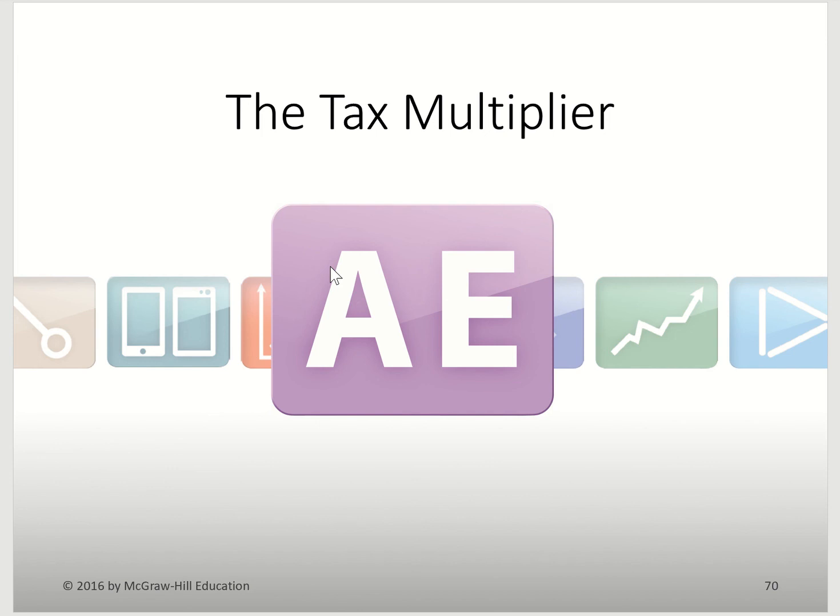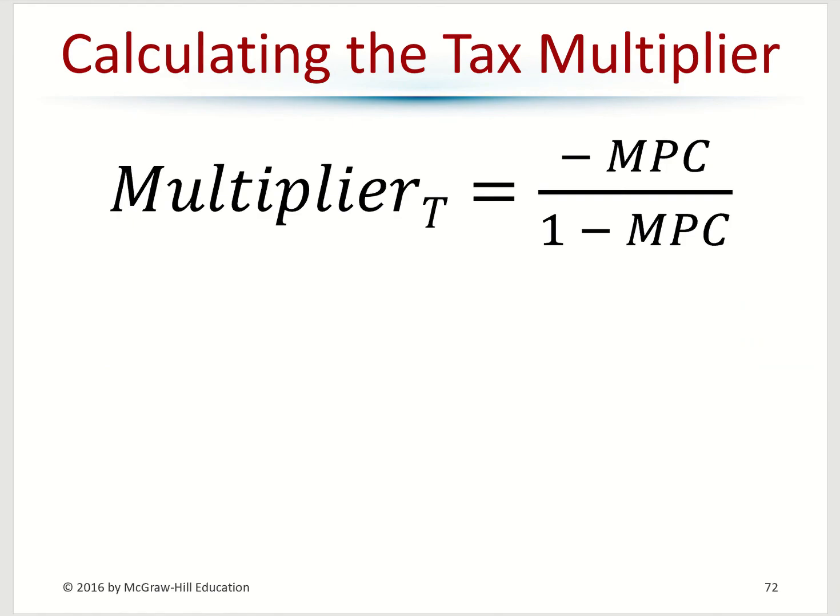It's not supposed to be, but according to this model, it is, because every time you have a tax, we're taking money away from the economy. Even though it's given to the government, we don't know what they do with it, so for now, just assume that's a drain on the economy. With the tax, we're taking money away from the economy, and that's bad for the economy. So the multiplier effect for tax is the negative MPC divided by 1 minus MPC.